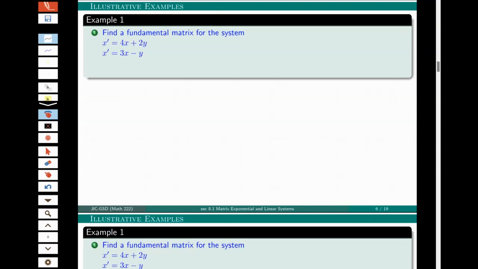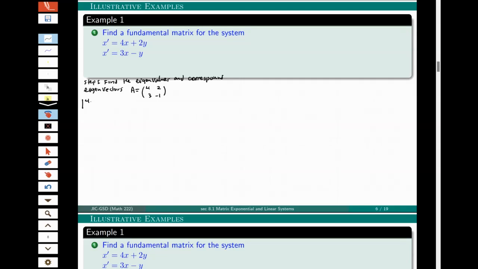So we will say step 1, find the eigenvalues and corresponding eigenvectors of the matrix 4, 2, 3, minus 1.